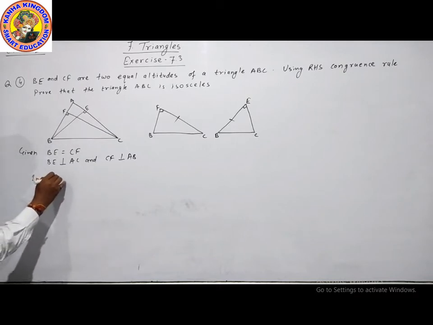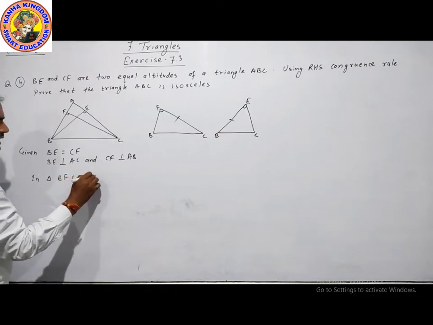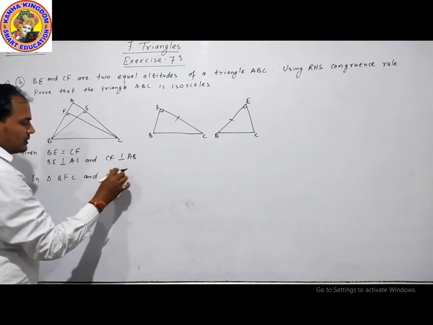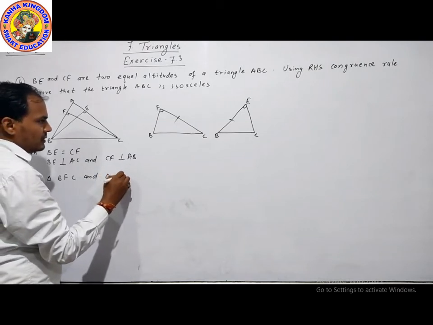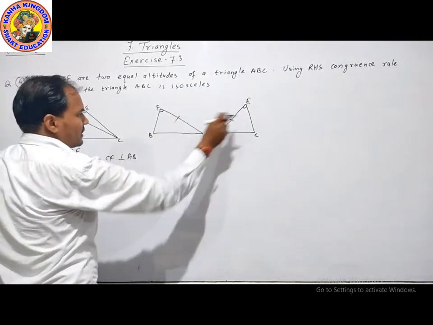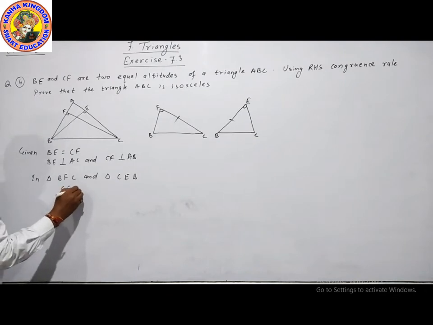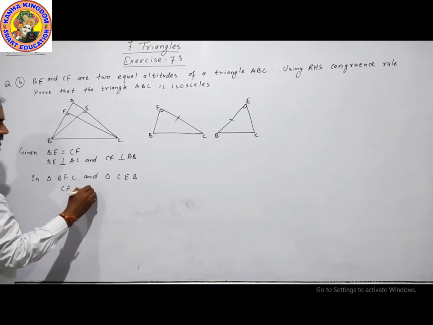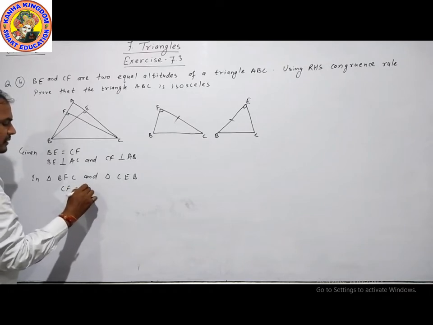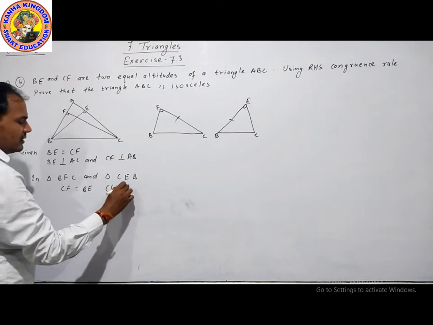In triangle BFC and triangle CEB, this one and this one, CF and BE are equal, which is given in our question.